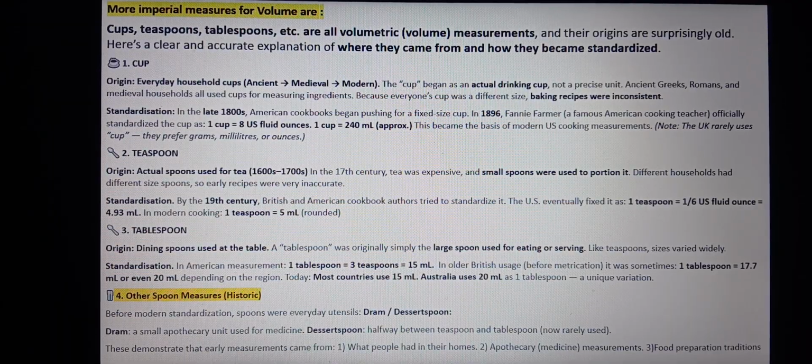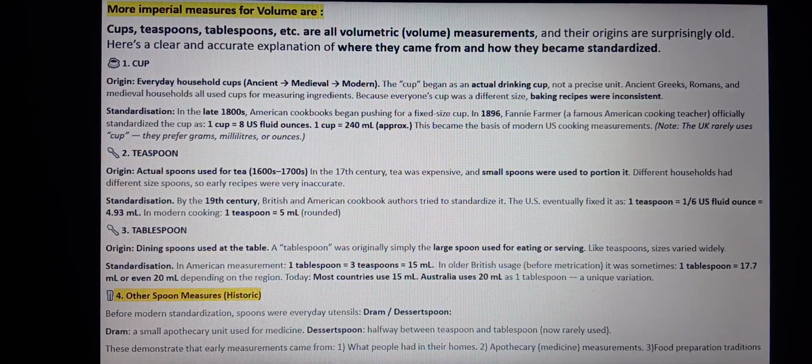Tablespoon: the origin was dining spoons used at a table. A tablespoon was originally simply the large spoon used for eating or serving. Like teaspoon sizes, they varied widely. In American standardization, 1 tablespoon equaled 3 teaspoons, which equaled 15 milliliters.